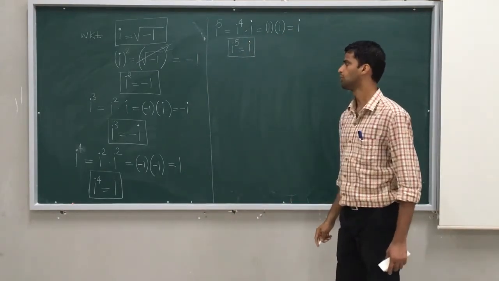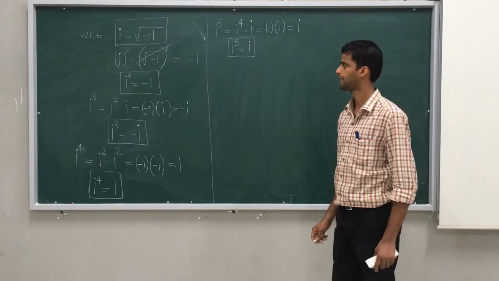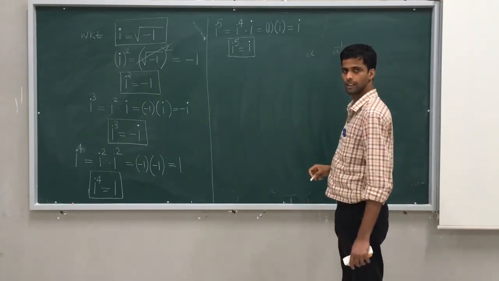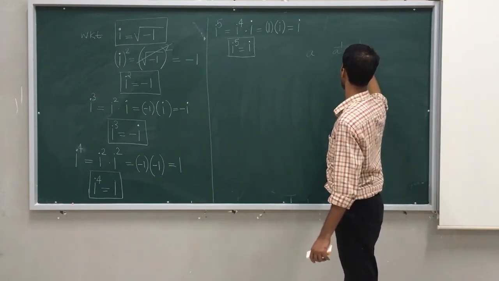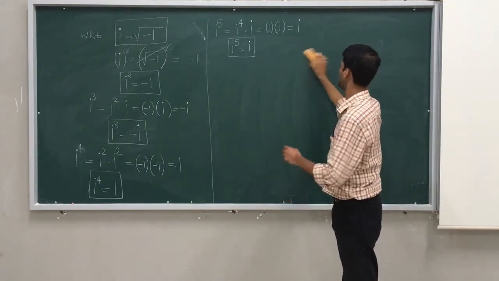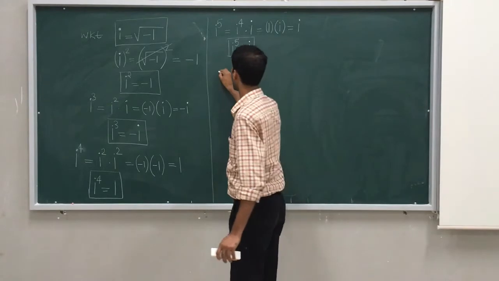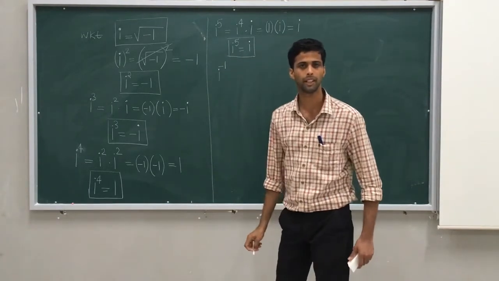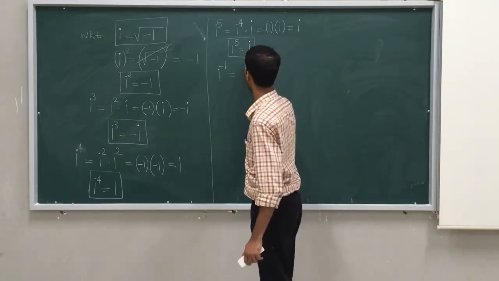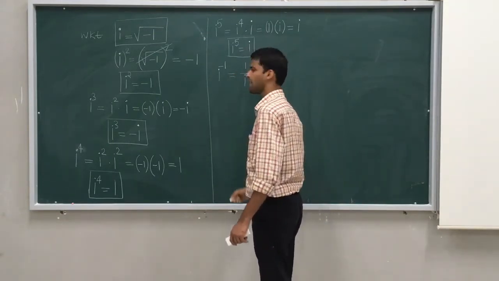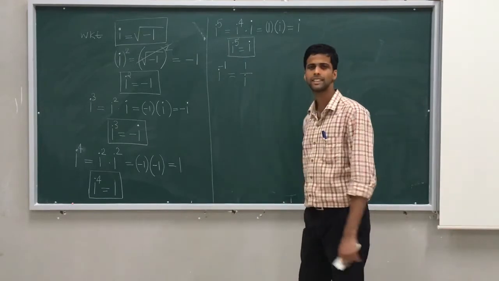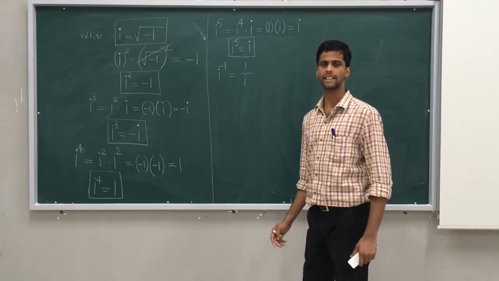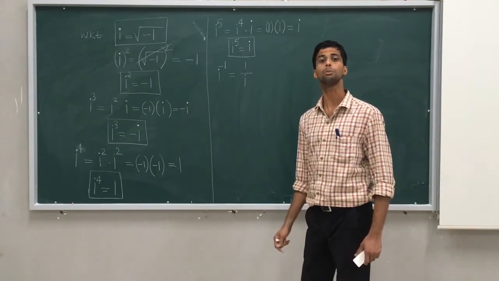Now, a normal question comes to our mind. We know i, but what do you mean by i inverse? It is nothing but 1 upon i. But here i is in the denominator. Usually in complex numbers, the standard form has i in the numerator.